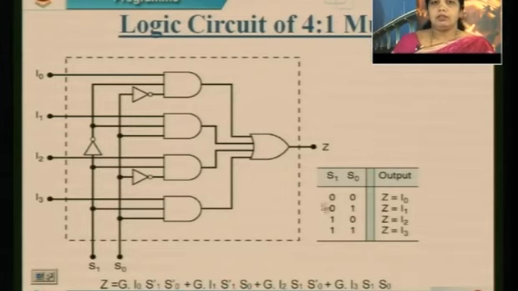Based on this, we decide which input has to be directed to the output side. At a time, one AND gate output will be high, and the outputs of the rest of the AND gates will be low. So finally, the input to the OR gate is only 1 and 0 0, based on the output of the AND gates. So, this is the logic circuit of a 4:1 mux.